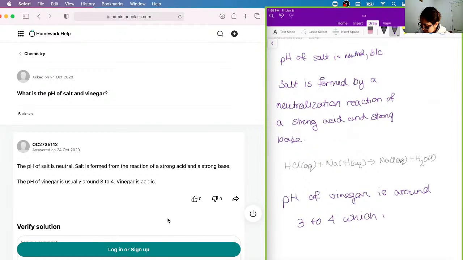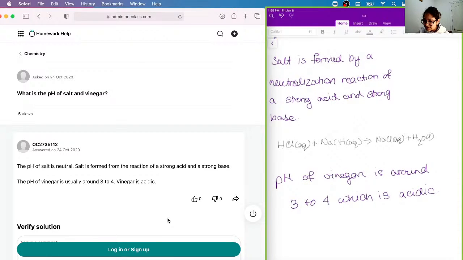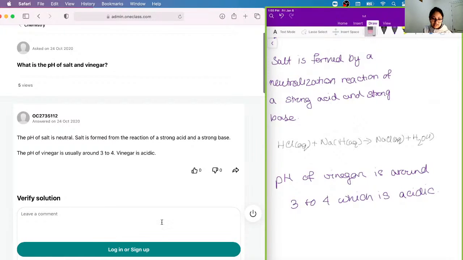This is also because vinegar, as you can see, is kind of strong and a bit sour, and this is how you can know it's acidic, and that's why it doesn't really taste neutral or close to water. This is because vinegar is acidic.